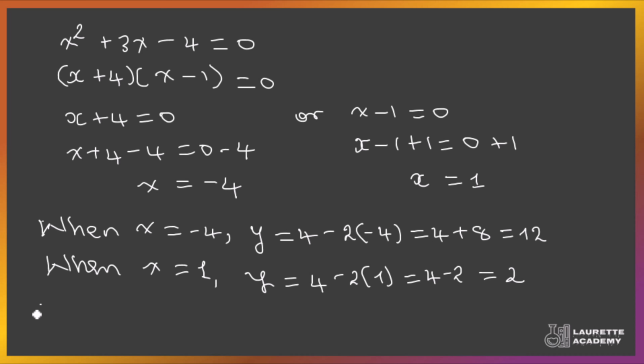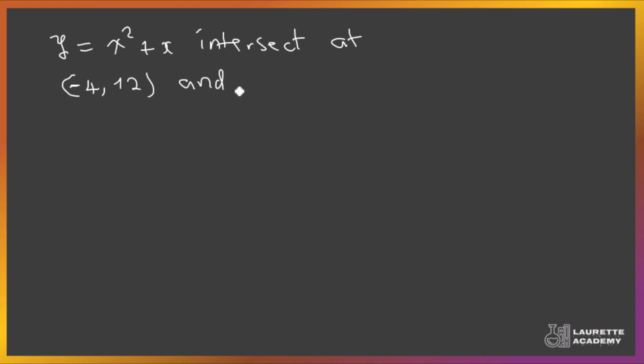Therefore, the line y equals 4 minus 2x and the curve y equals x squared plus x intersect at (-4, 12) and (1, 2).